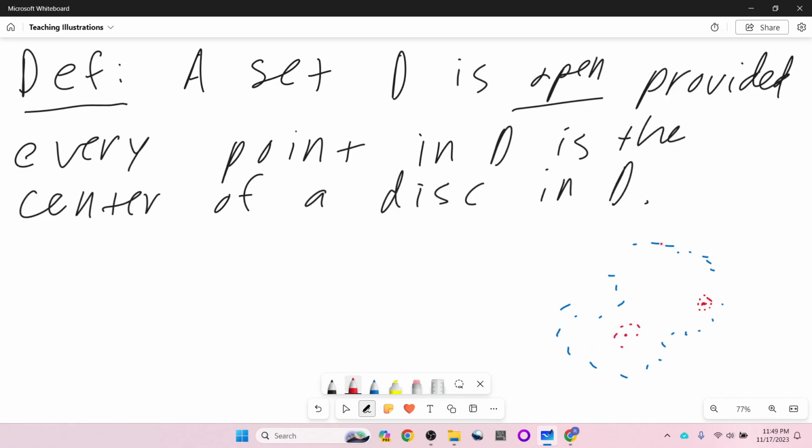Now if the boundary were included, we wouldn't be able to do that, because if you picked a point at the boundary, the disk would have to fall outside of it. So if that's too much, just think of it as a set where the boundary is missing. Okay?